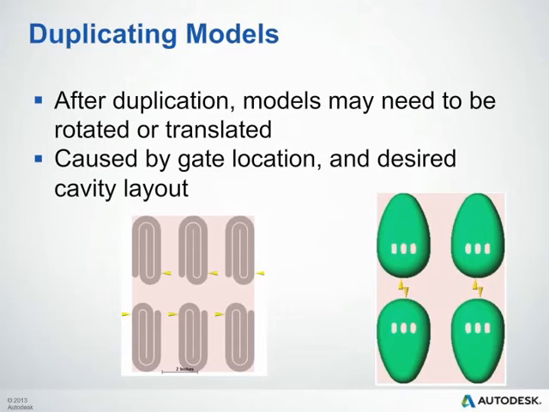On the right-hand side, this scenario was caused more by not precisely placing your gates like we had mentioned in previous slides. However, you could also technically translate these models or move them so the gates do line up. If not, the feed system would be skewed slightly when you go to model it in this case.